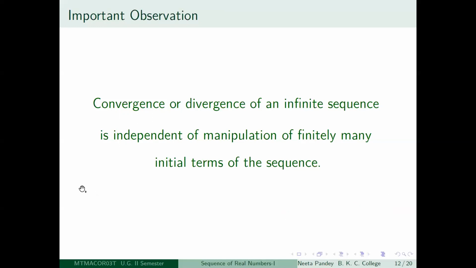So what you're doing is you're describing the sequence as Sn equal to n till n is equal to 5000, and then Sn is equal to 1 by n for n greater than 5000. So it becomes 1, 2, 3, 4, till 5000, then 1 by 5001, 1 by 5002, and so on. What can you say about this sequence? This sequence will also converge to 0.